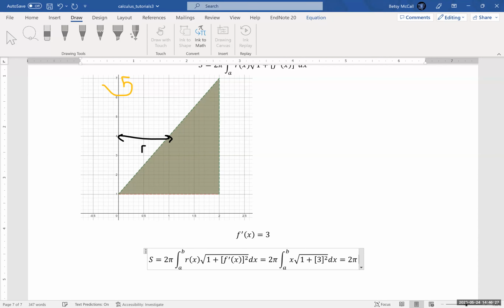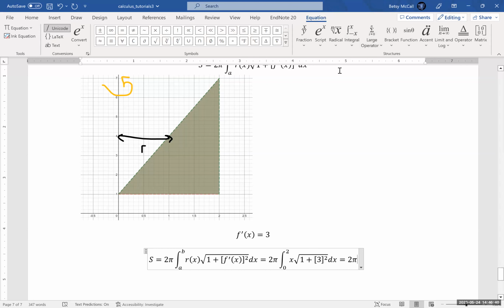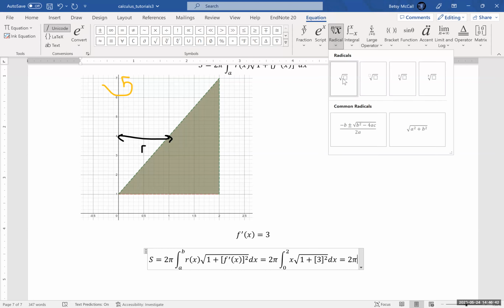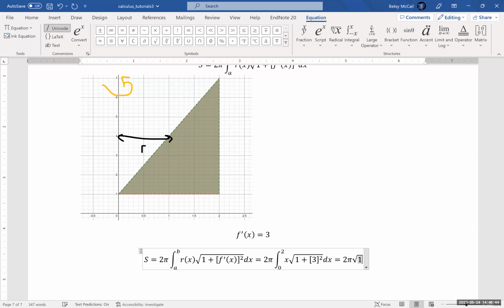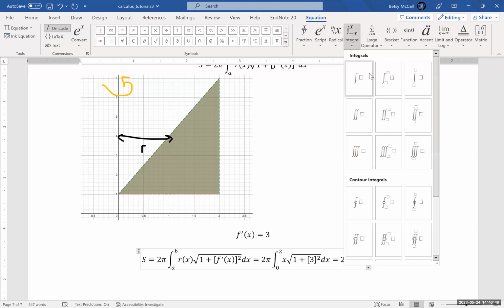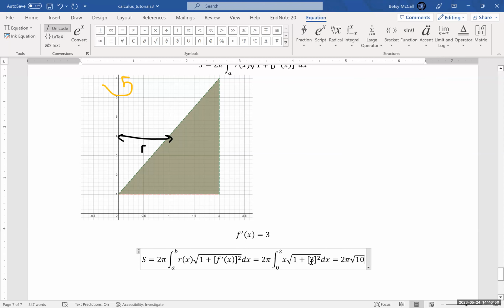To pi, we're still integrating from 0 to 2. Square root of 10, but I'm just integrating x. That's all that's left.